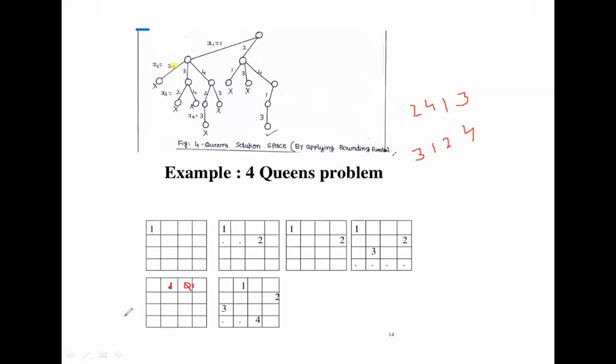Then we can place Q2 in the first column, and Q3 in the fourth column. Our solution is 2413.